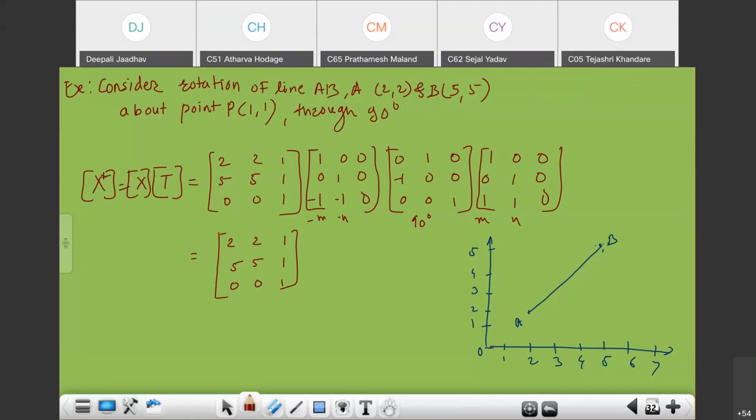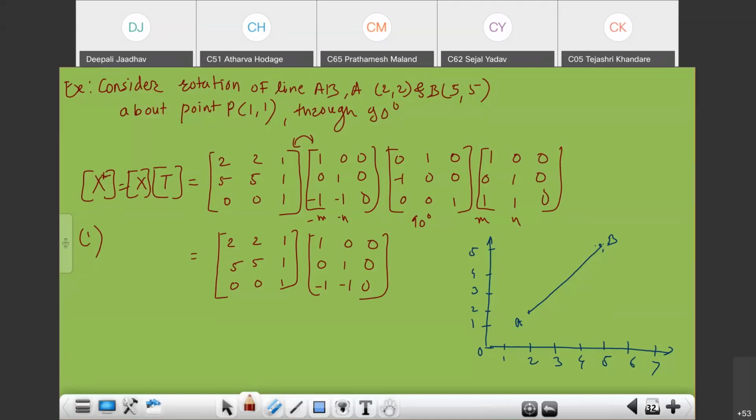Okay. First, multiply the line AB with the first transformation matrix for translation, that is minus 1 minus 1. The first step we will do here, multiply with the first one: 1 0 0, 0 1 0, minus 1 minus 1 1. First step.